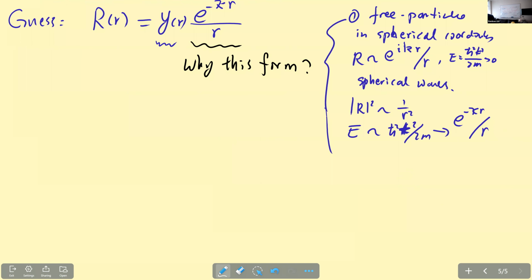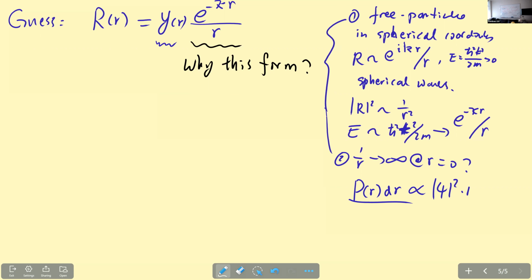And another thing that you may wonder: 1 over r goes to infinity at r equals 0. So how do we deal with this divergence, right? So actually this is okay because the probability for finding the electron is given by psi squared times r squared dr, remember, right?